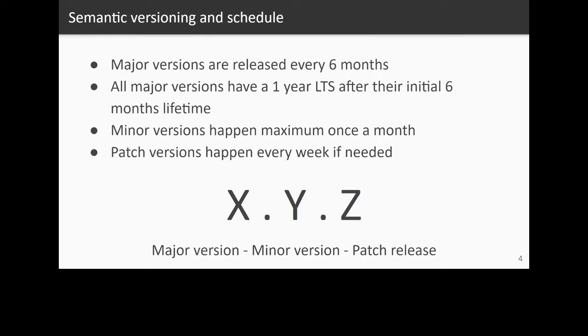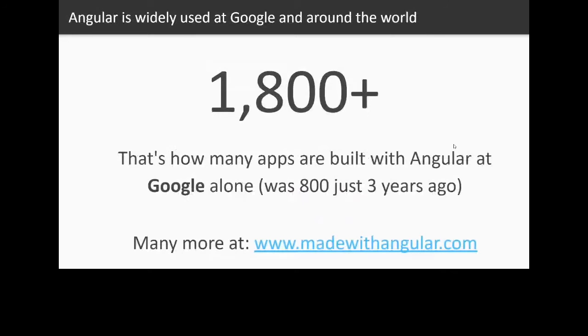These can happen up to every week if needed. These are tiny fixes and improvements that don't bring any breaking change or any new feature to the framework, but just improve things in terms of security, performance, or bug fixes. So that's the idea and the reason why we get these releases regularly.